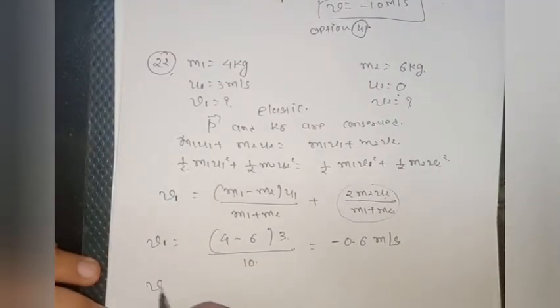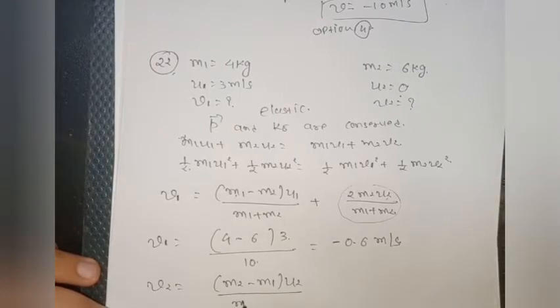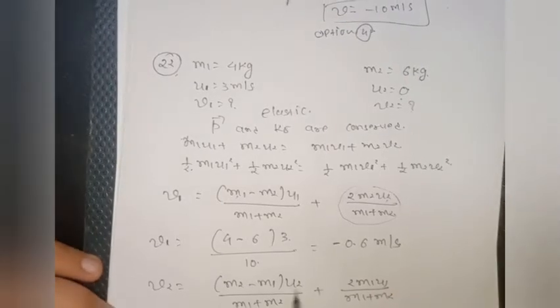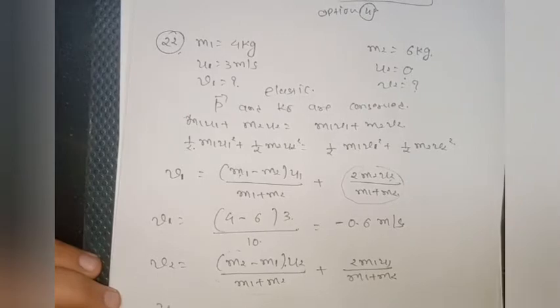From this equation, v2 will be (m2 minus m1) into u2 upon (m1 plus m2) plus 2 m1 u1 upon (m1 plus m2). Here u2 is 0, so again this term will become 0.